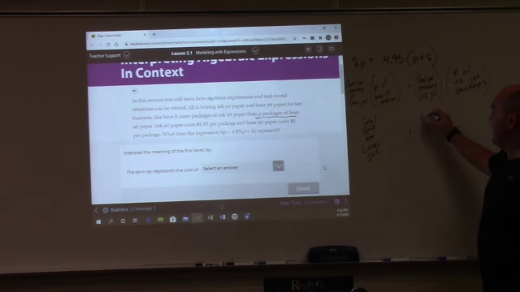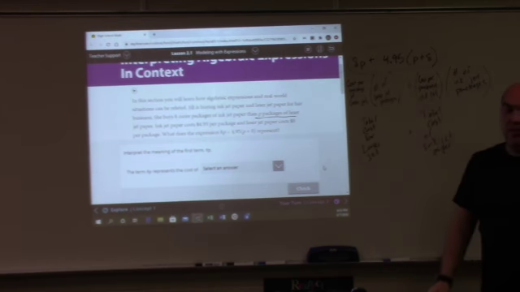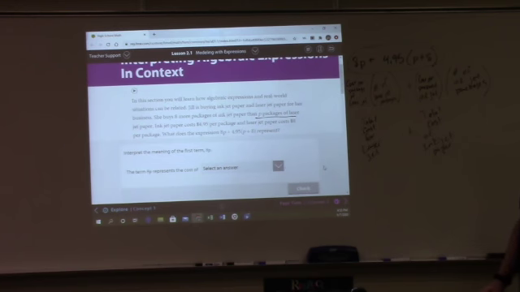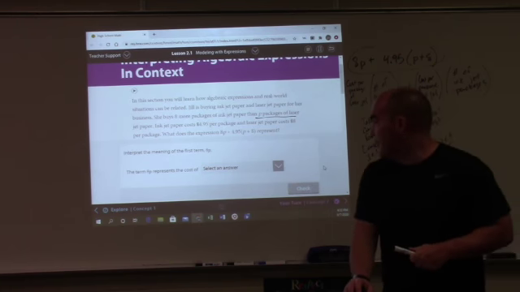And that means this over here has to be the total cost of the inkjet paper. So this whole phrase up here, the 8P plus the $4.95 times P plus 8, that is the total cost of P packages of laserjet paper and P plus 8 packages of inkjet paper. That's the total cost of all the paper that was bought. All right?